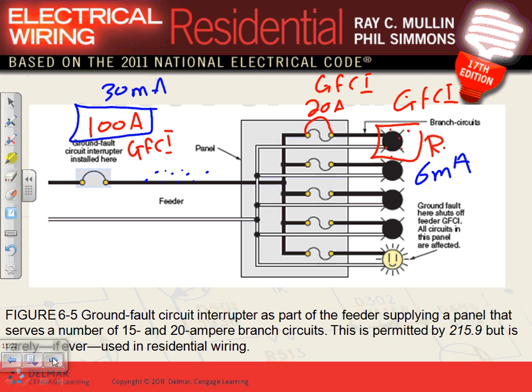Long story short, when you put it at the main, all the leakage from all the branch circuits adds up to more than 30 milliamps. So then they call your friend Chad here. They say, well, we keep tripping on the ground fault circuit interrupter. So what your friend Chad used to do was go to this device here and bypass it. Now you bypass the ground fault circuit interrupter.